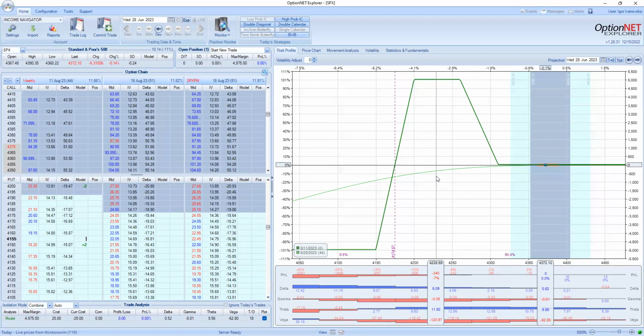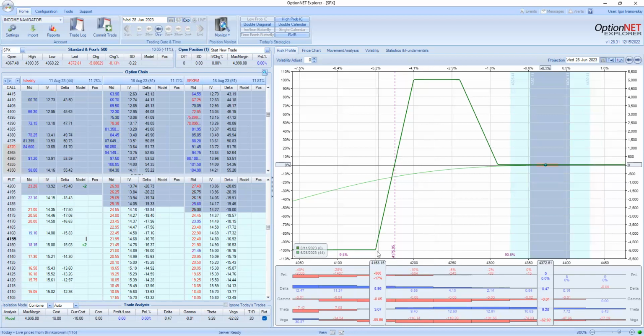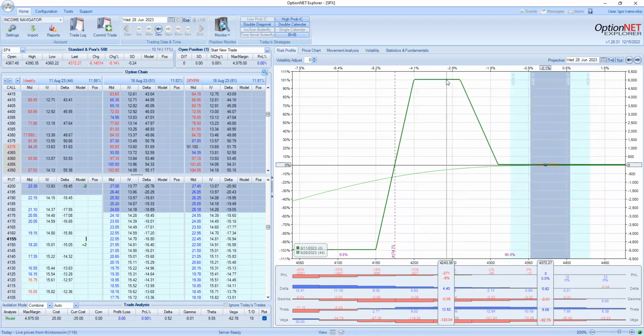If you did the same thing with XSP, you would be putting up $500, but your max potential reward inside the trap, assuming that you catch the price at expiration somewhere between 4,200 and 4,260, with SPX options, your max potential reward inside the trap is $5,000. If you were using XSP options, your max potential reward is $500 as well.